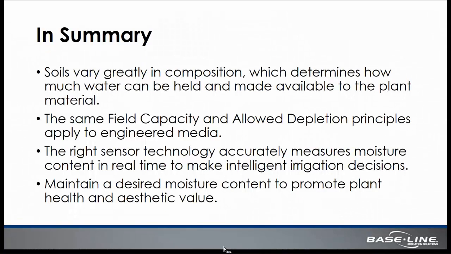The same field capacity and allowed depletion principles apply to an engineered media, and the technology is advanced enough and sensitive enough to find where that field capacity level is for that given engineered media. Then thresholds can be set based on the opinion of the manager as to how much depletion is able to occur before irrigation cycles are applied.